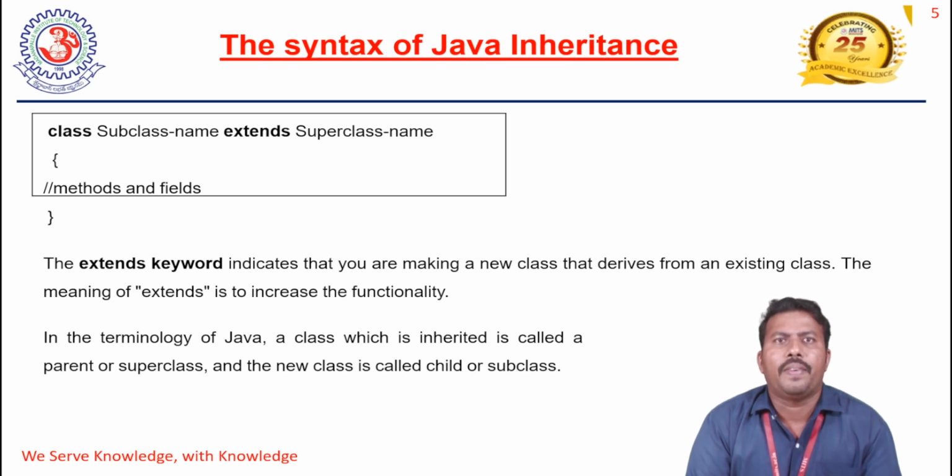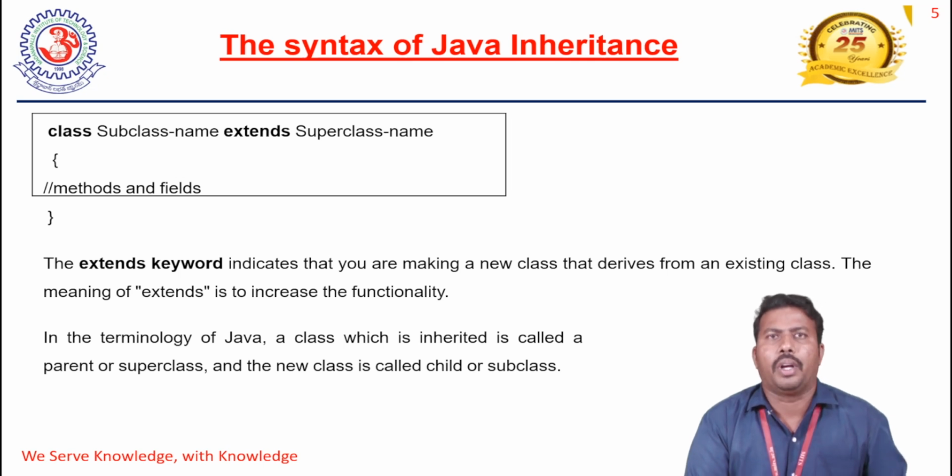The meaning of extends is increasing the functionality, or extending the functionality from one class to another class. In Java terminology, a class which is inherited is called a parent class or superclass, and the new class which is created we call a child class or subclass.